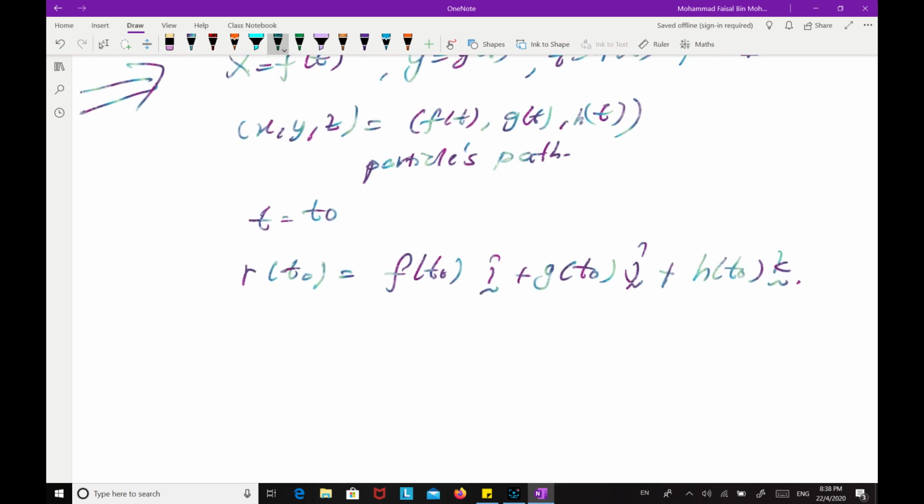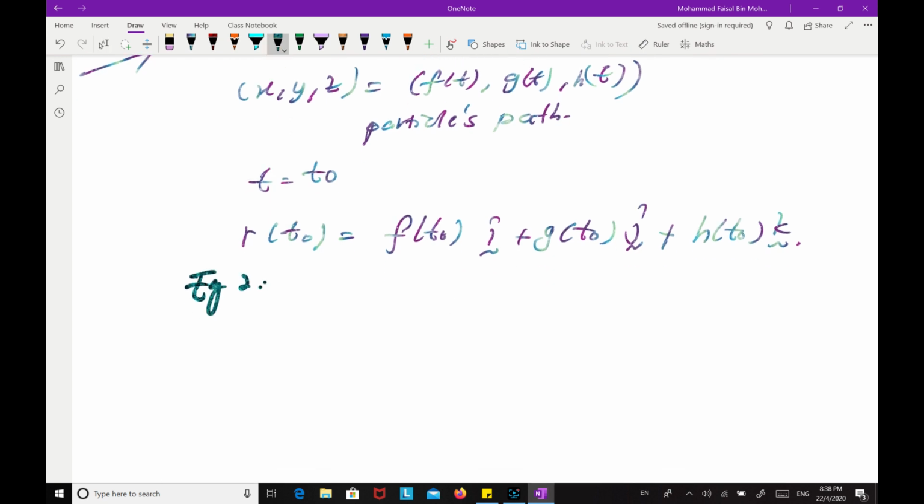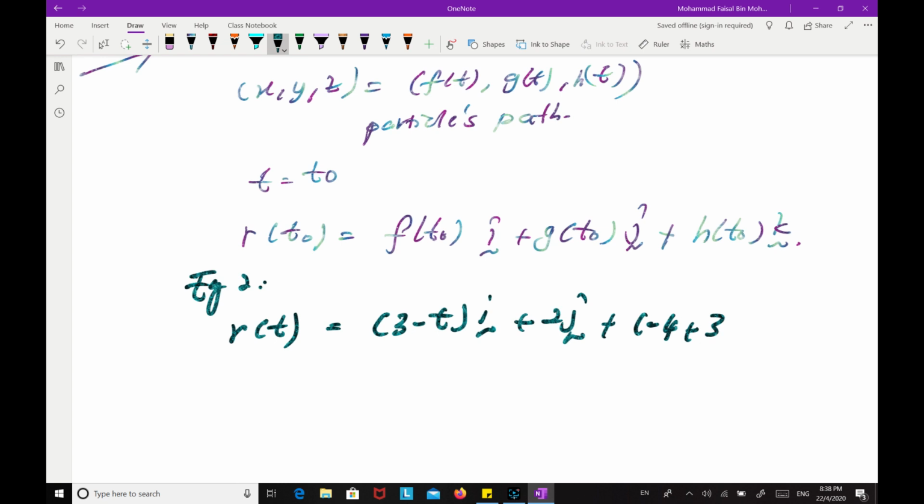Example 2. In your notes, let's say the position vector r(t) equals (3 minus t) i plus 2j plus (negative 4 plus 3t) k, for all t.